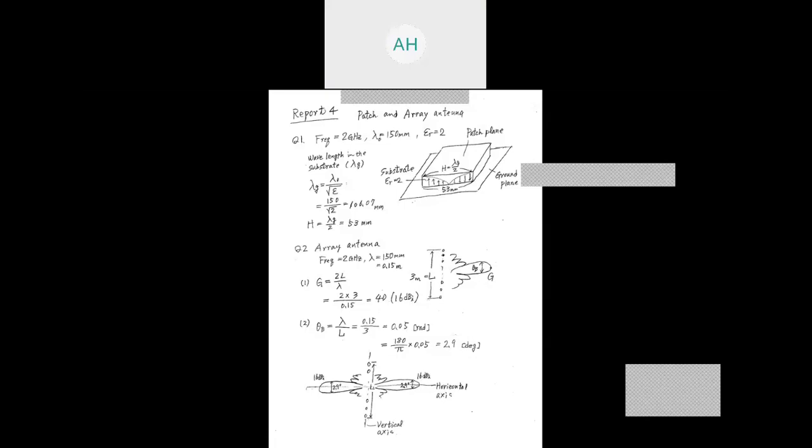So in the horizontal, very wide, all the directions the same. This pattern, this right side and this left side, front side, back side, all directions. This beam shape is achieved.